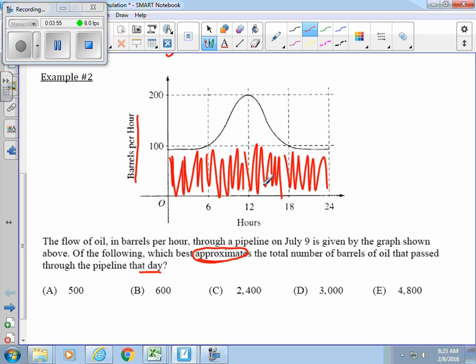We're a little shy of 2,400. Does everyone agree with that right here? We're definitely going to get above 2,400 when we add in this stuff. Would you agree this looks like about one more square? So 3,000. Any questions about that one?